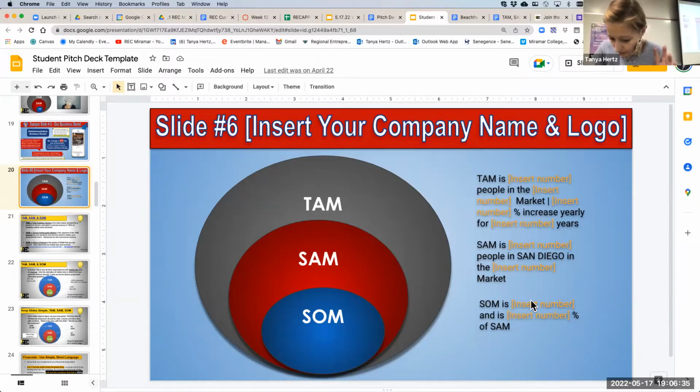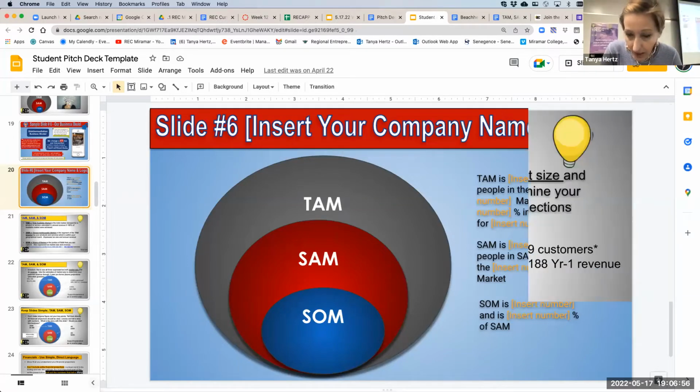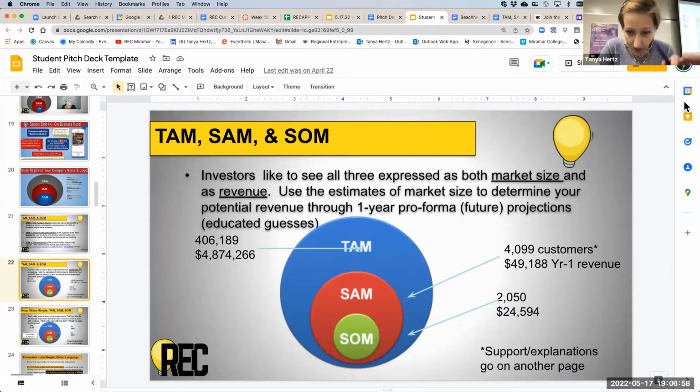One thing we want to be careful about is that all of these are shown two different ways. We do them in dollars, and then we do them in some kind of unit, usually the people. It sounds like you might also have a dual-sided market, where you need to look at the number of other providers but also the number of people actually using that software.